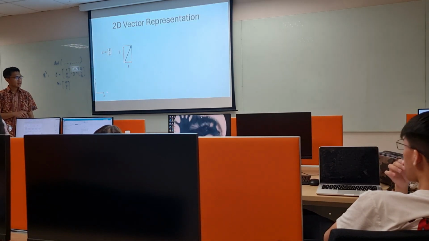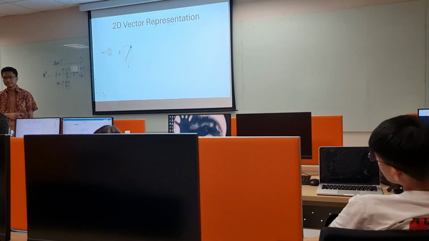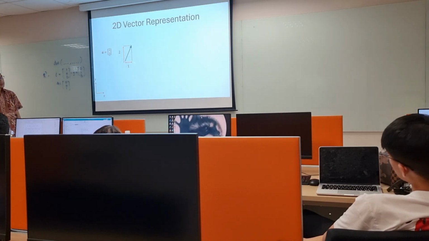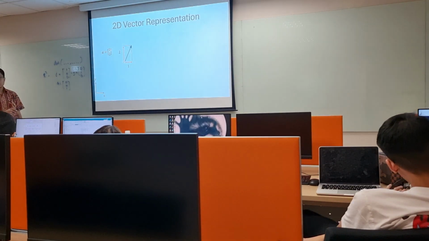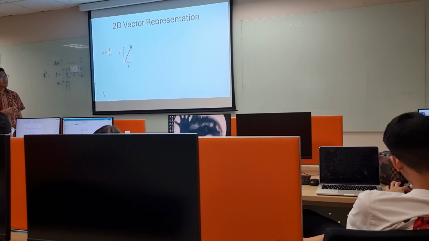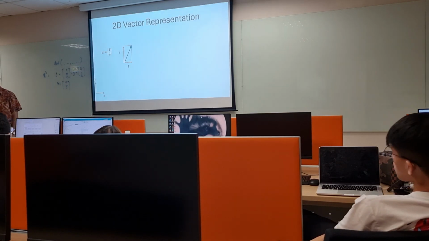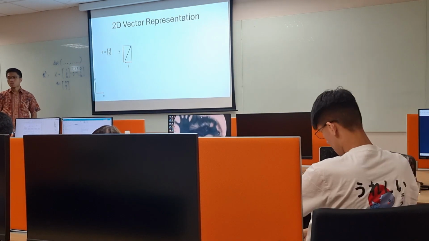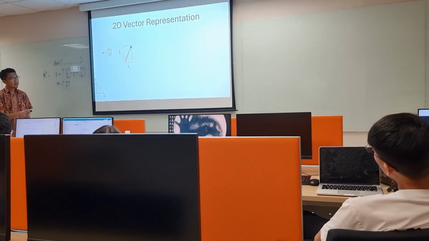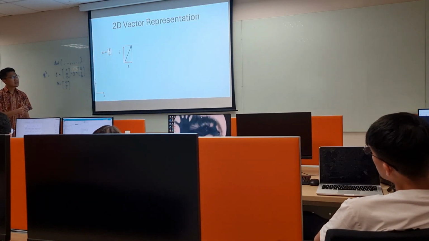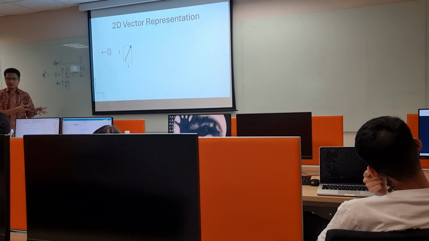The length in the x-axis corresponds to the first element, and the length in the y-axis corresponds to the second element. So this is a vector representation, and this is the vector itself.